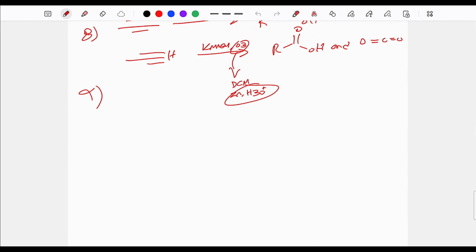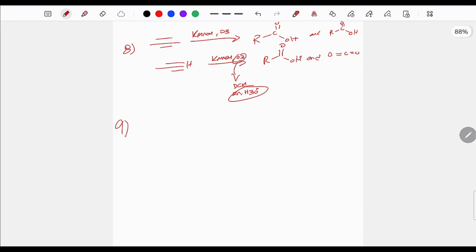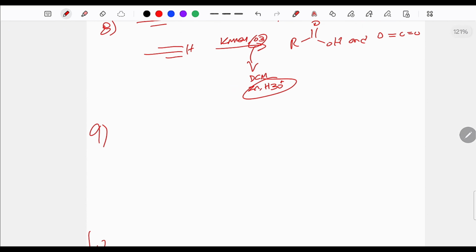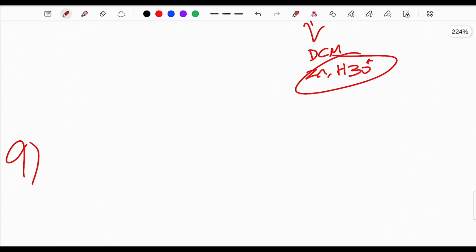Okay, now the final reaction that I want to work with you, and this is the one that is a little bit difficult, is first the formation of an acetylide anion, and next, alkylation with acetylide anions. Okay, so let's take a look at this.